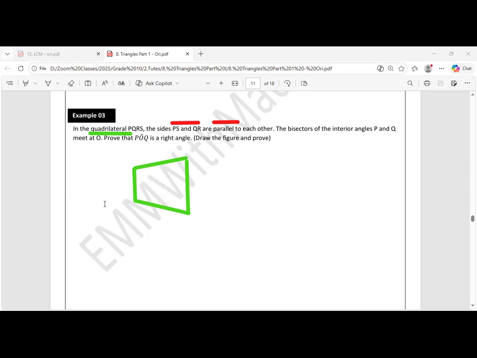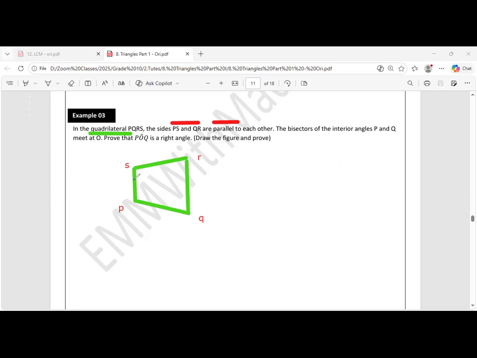Now this is my P, and this is my Q. I will name this P, I will name this S, I will name this Q, and I will name this R. So you have to mark them.